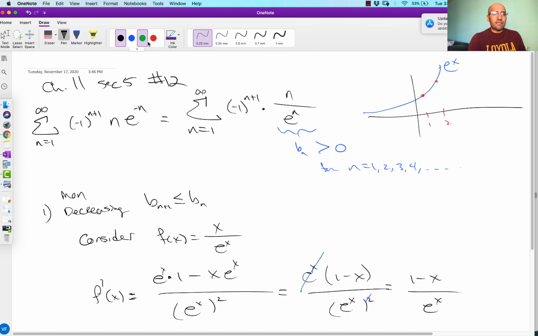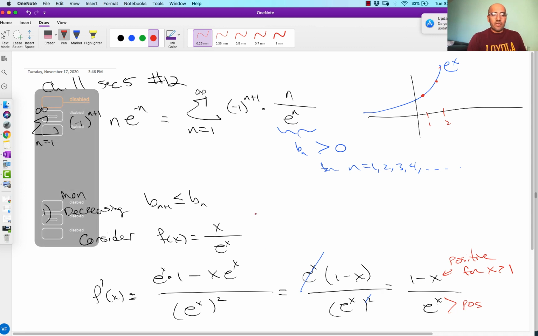And again, as established before, this part is always positive, and the numerator will be negative for x greater than 1.